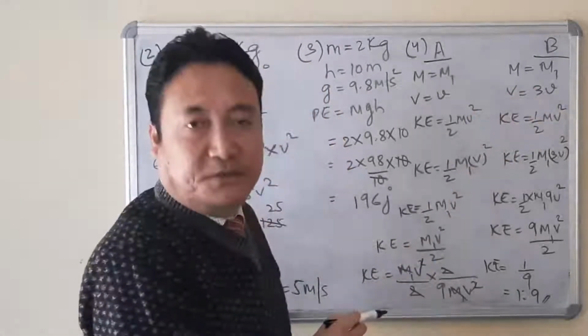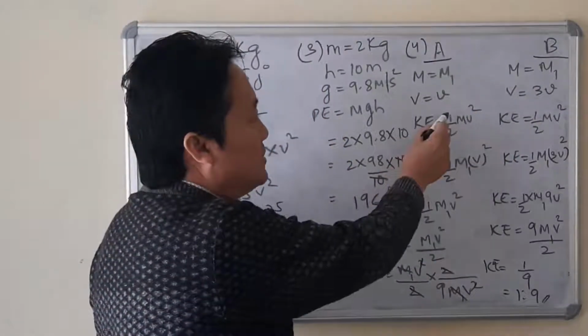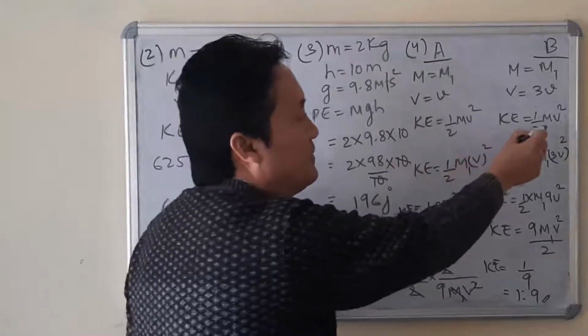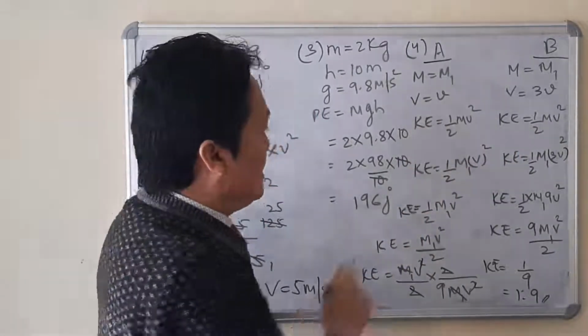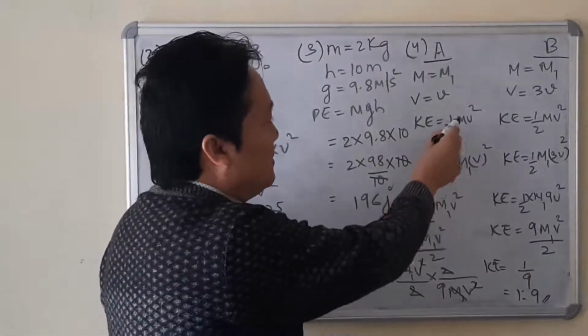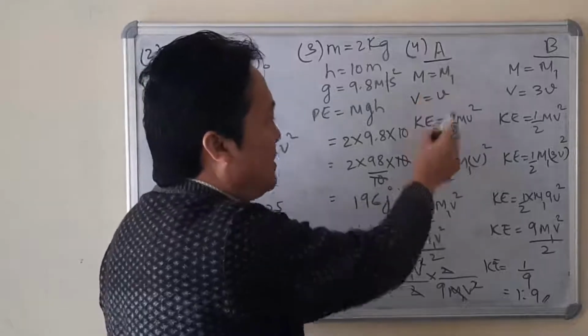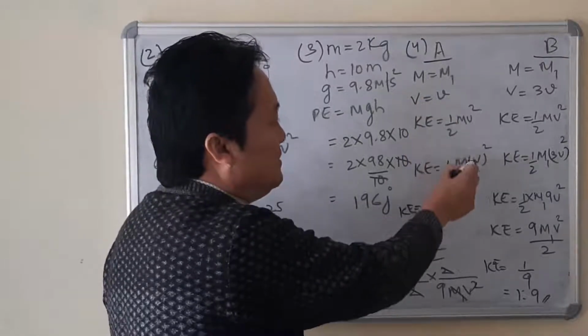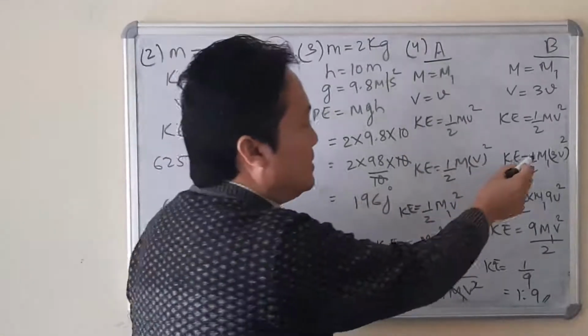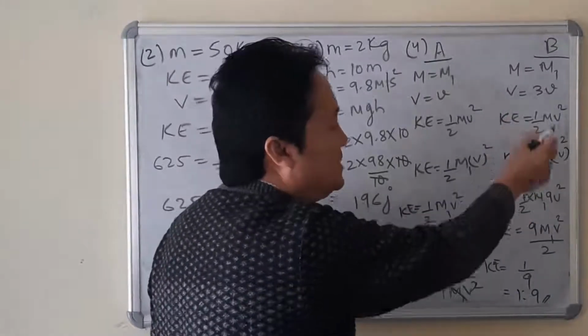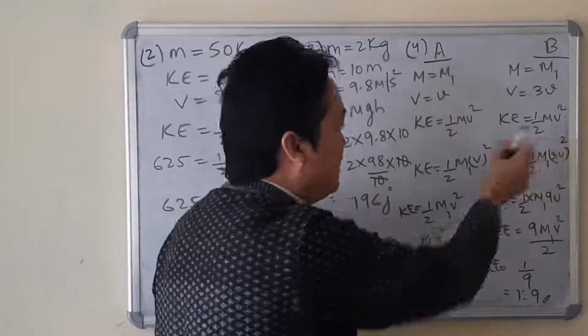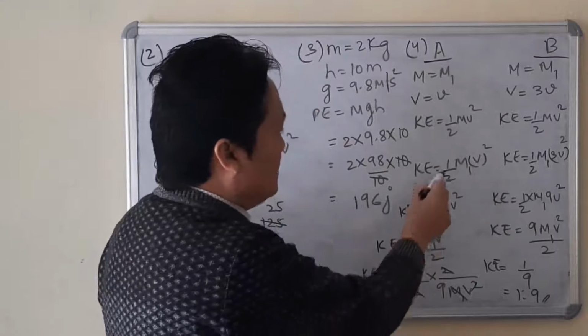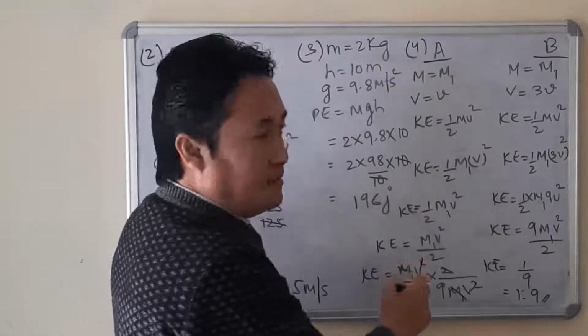3 times v. Then kinetic energy equals half mv square. Here also half mv square. Apply the formula here. Half into, substitute the value of mass. Mass is given m1, so m1, velocity is v whole square. Here also half m1, but velocity is given here 3v. So 3v whole square. Half into m1 v square, multiply this.